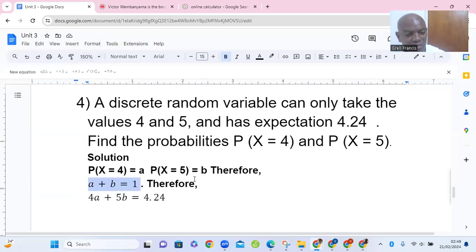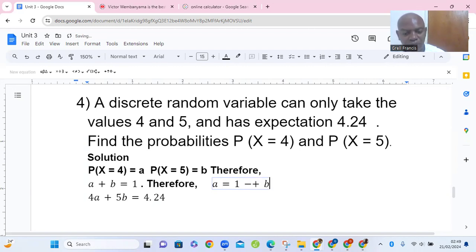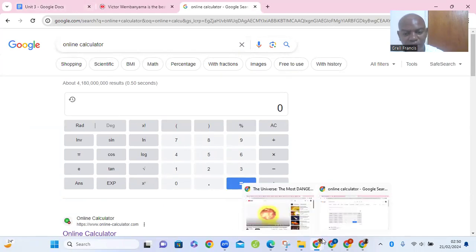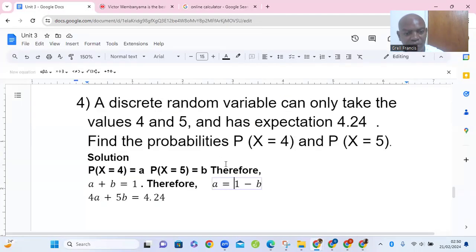If A plus B is equal to 1, A must be equal to 1 subtract B. Sorry about that, that's a typo.